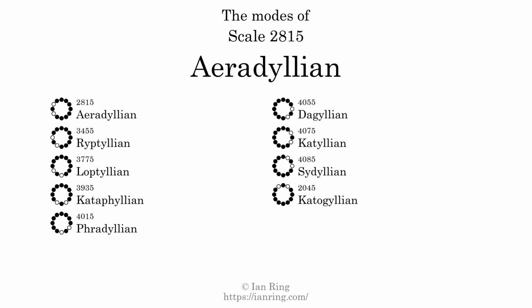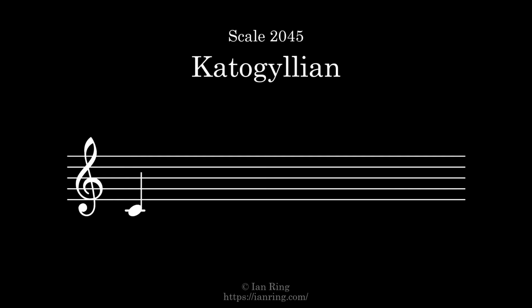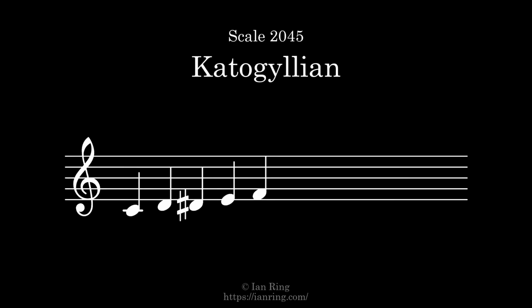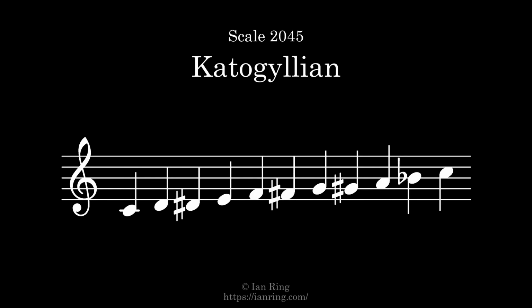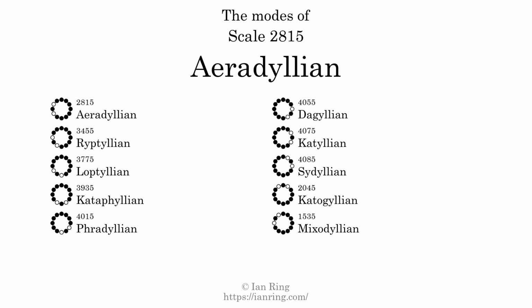The ninth mode is scale 2045, also known as Aeradyllian. It sounds like this. The 10th and last mode is scale 1535, also known as Mixodylian. It sounds like this.